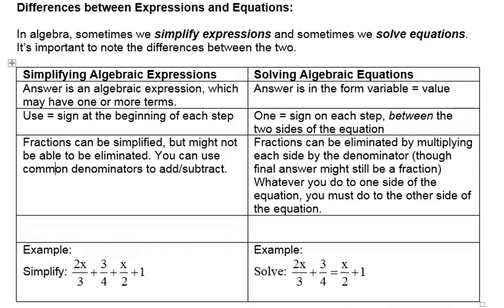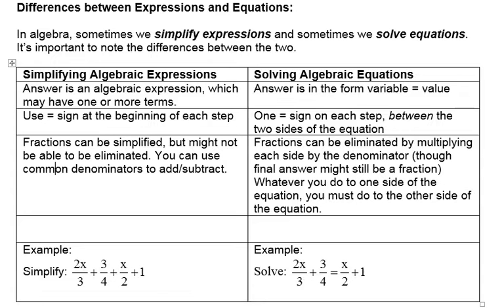When the two things have fractions, we treat them differently. With an algebraic expression, we can simplify the fraction, we can combine fractions by adding or subtracting using common denominators, but often we are unable to completely eliminate the fraction.